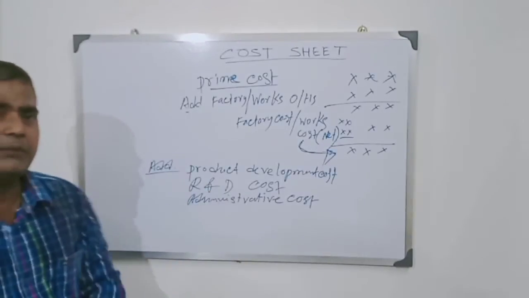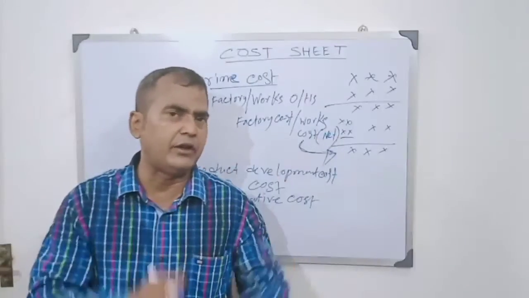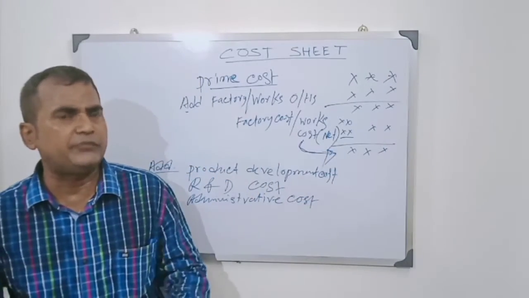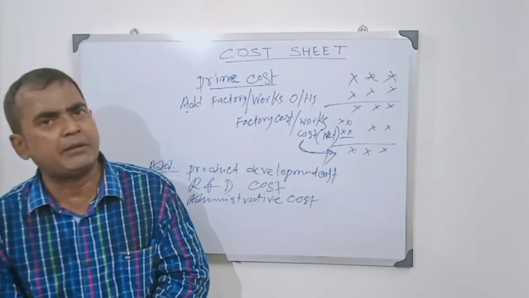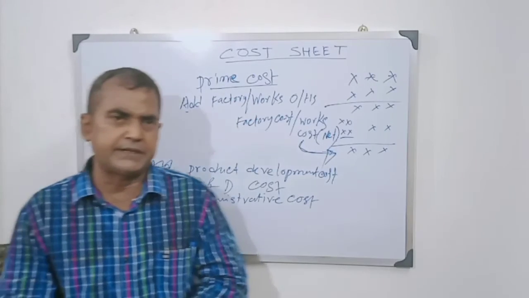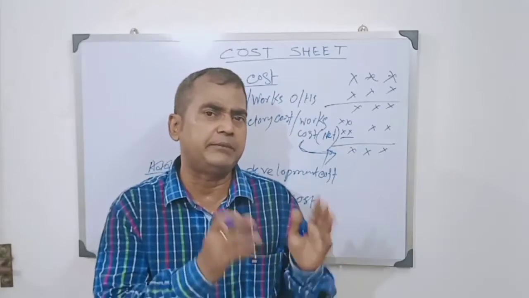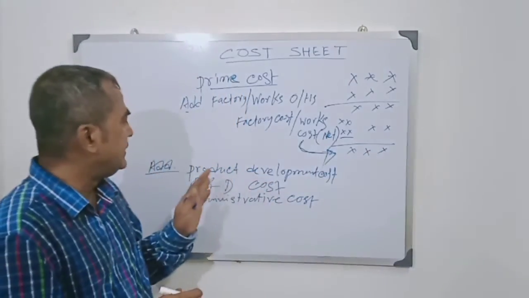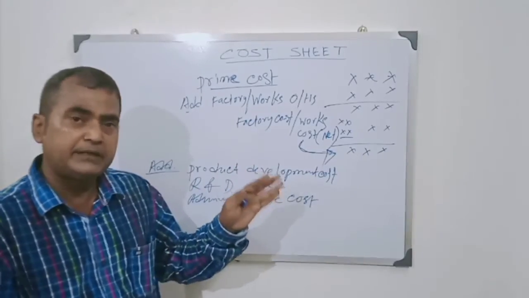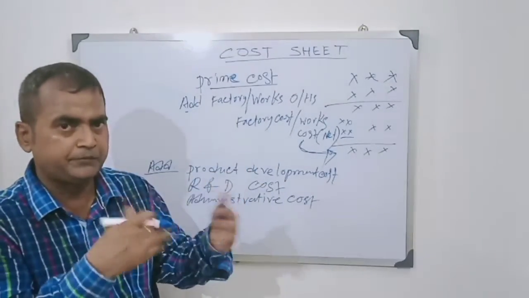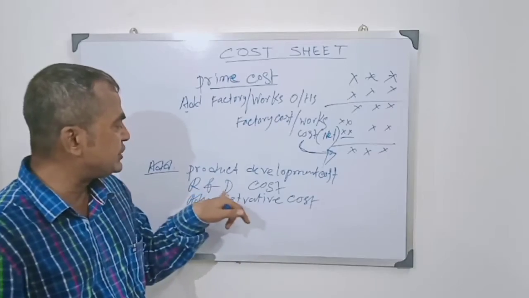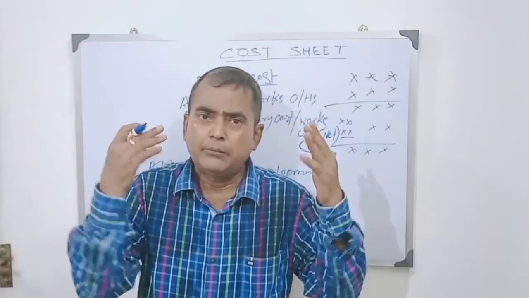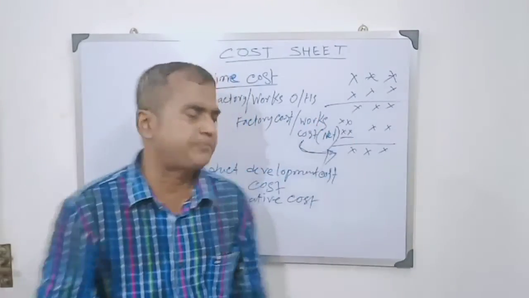Under research and development, if you visit any company or any works or plant, you will find there is a separate research and development center where for every finished product the company is going to make and sell, product development is going on, as well as research and development for providing the best product at less price.